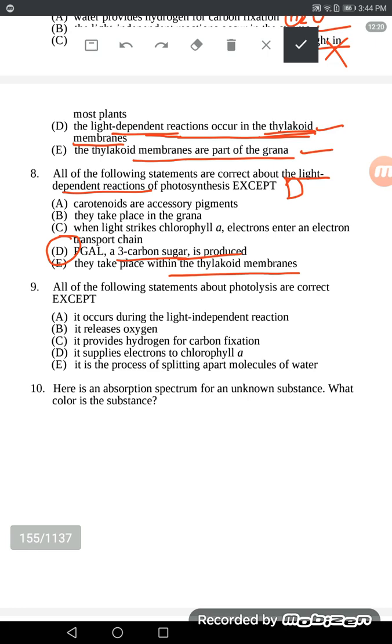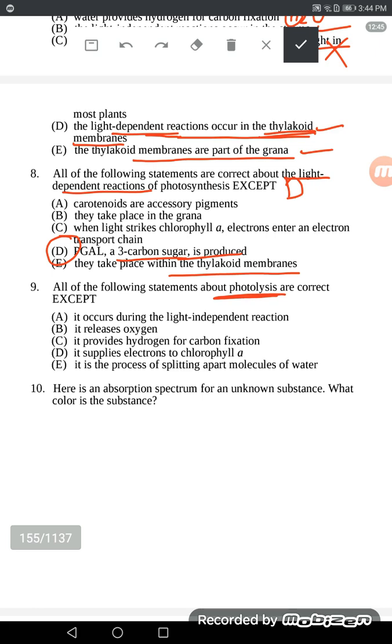Question 9. All of the following statements about photolysis are correct, except it occurs during light-dependent reaction. Photolysis, guys, means breaking down of the water molecule.